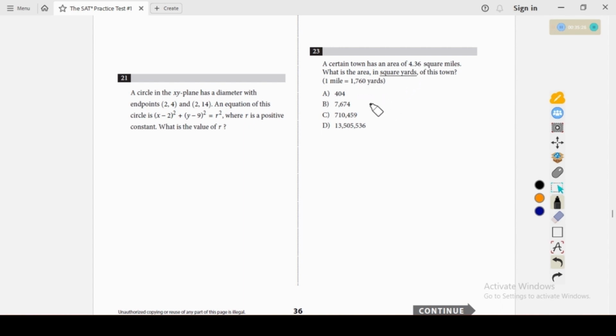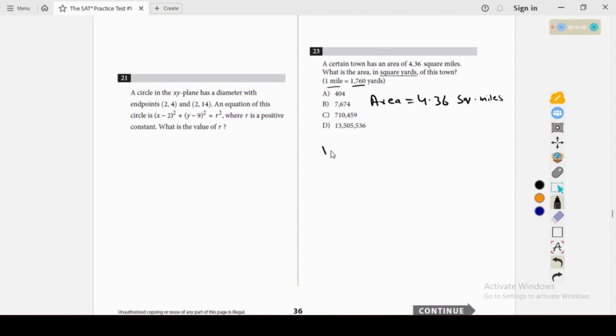Since the area is 4.36 square miles and 1 mile is 1760 yards, let's find the value of a square mile.